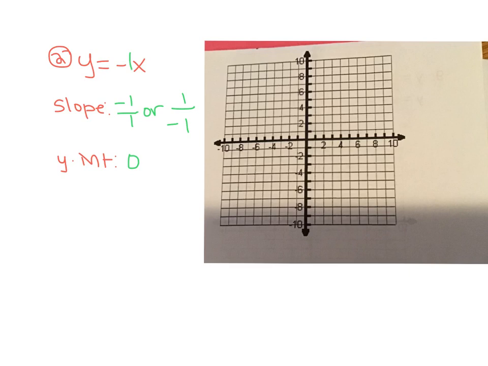All right, so let me see if I can do a little bit heavier dots. We're going to start at 0. Oh, that's a little bit too big. All right, let's go with this one. Now we're going to go up 1, negative 1, up 1, negative 1, and then down, negative, down, negative, down.